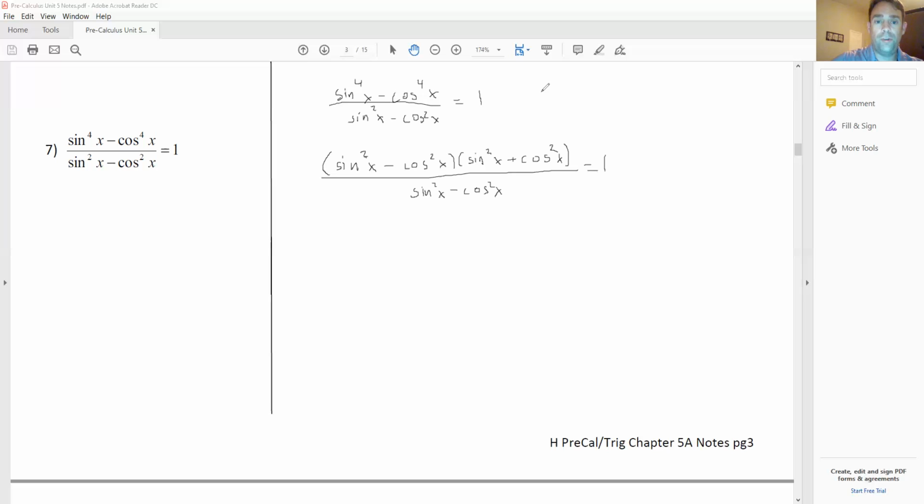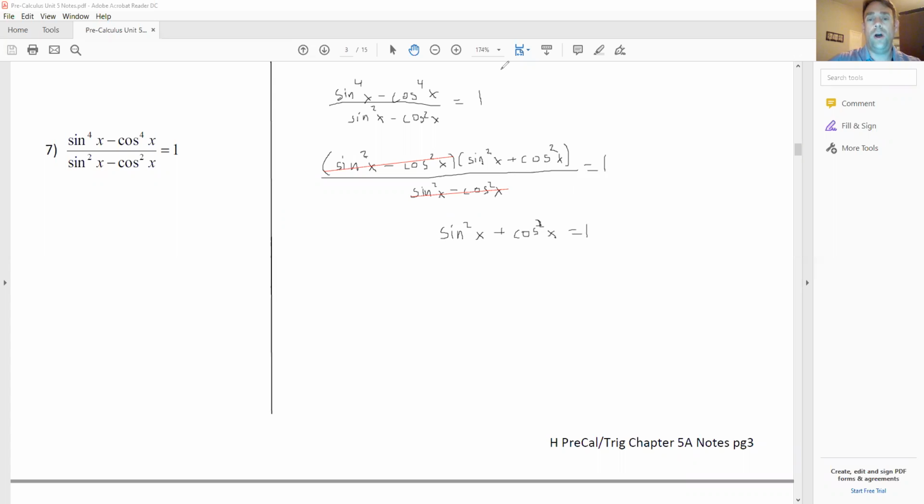Well, I see some common terms there, so we can factor them out. I'm left with sine squared x plus cosine squared x. You guys can already see that that is going to be the actual Pythagorean identity, but we can't stop here.